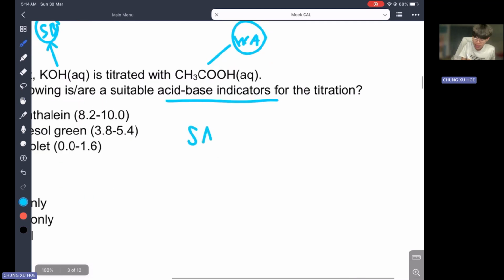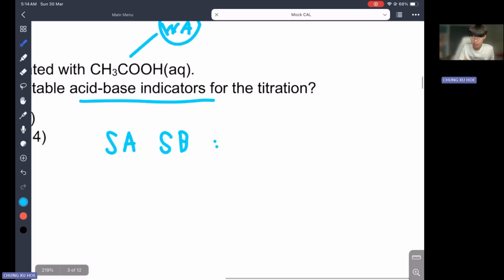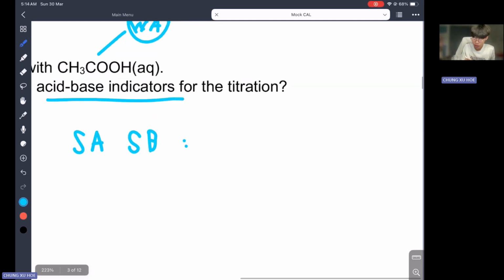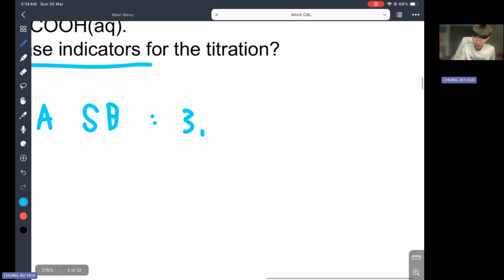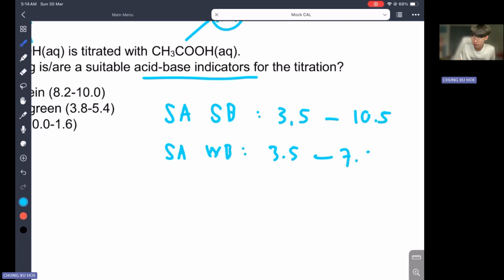For strong acid reacting with strong base, the range at the equivalence point is going to be 3.5 to 10.5. For strong acid and weak base, it's going to be 3.5 to 7.5.